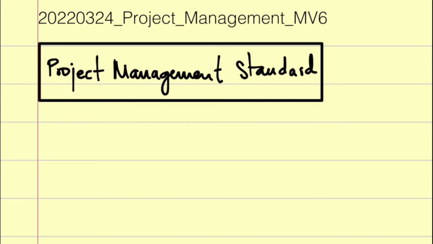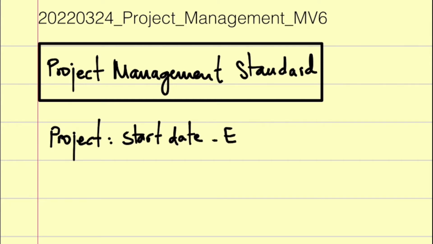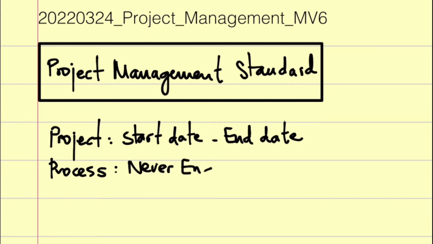Okay, a project has a start date and an end date. A process is never ending. Okay, this is the difference.